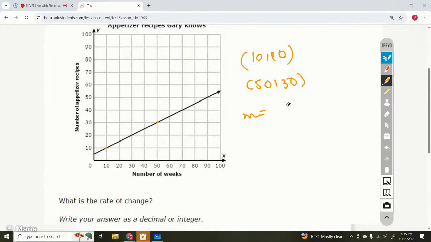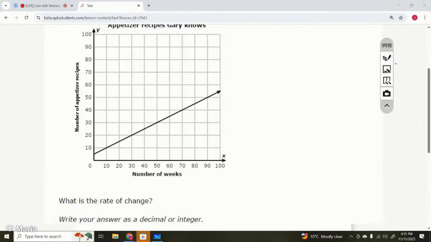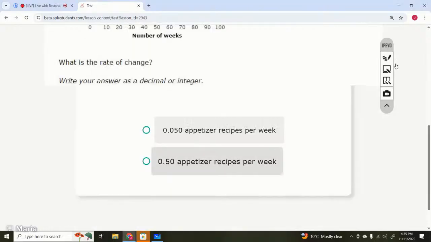So the slope is 30 minus 10 is 20, and 20 by 40. So that is 1 by 2. That equals 0.5. The slope is 0.5. Option number 2 is the correct option.